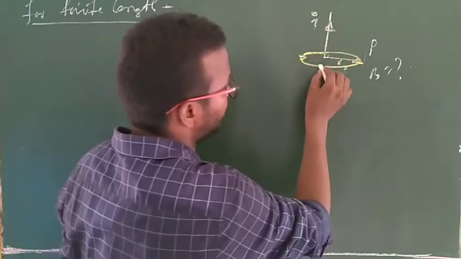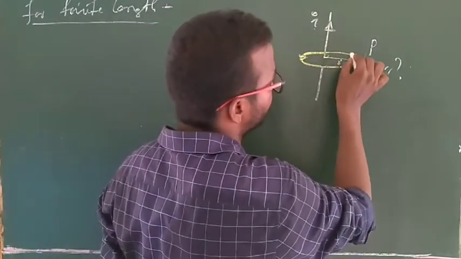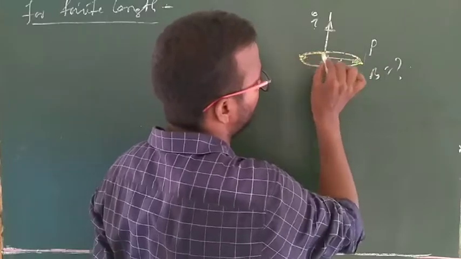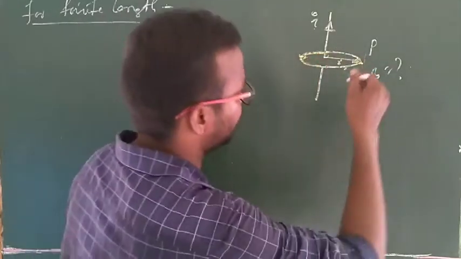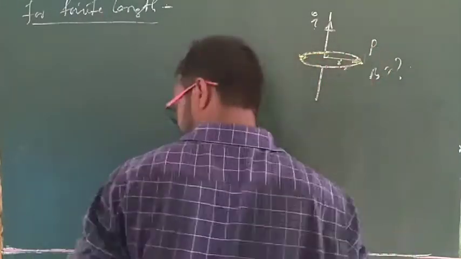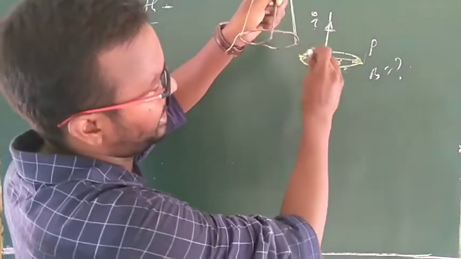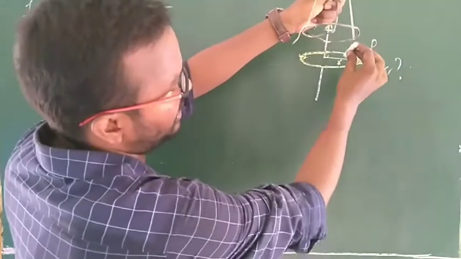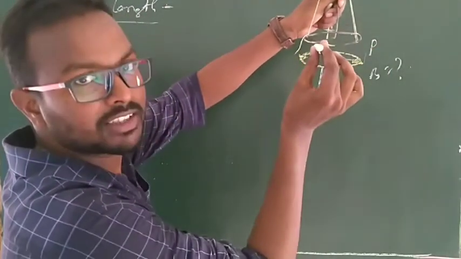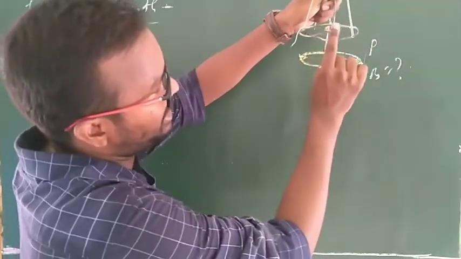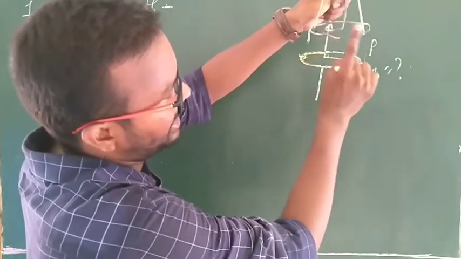Clear? Suppose this is the direction of magnetic field, inward at this point but outward at this point. And we have to draw an Amperian loop along the magnetic lines.